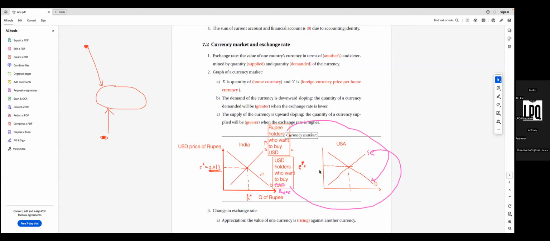If you are American, it seems like you are taking advantage of Indians. If you convert 1 unit of your currency into Indian rupee, you can get this much: 83 units of rupee.